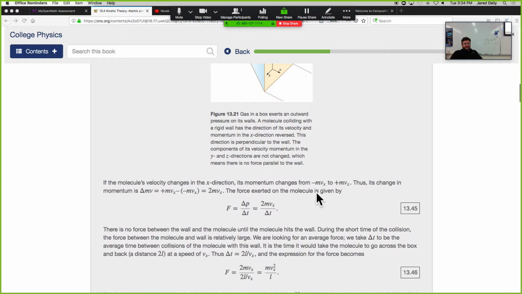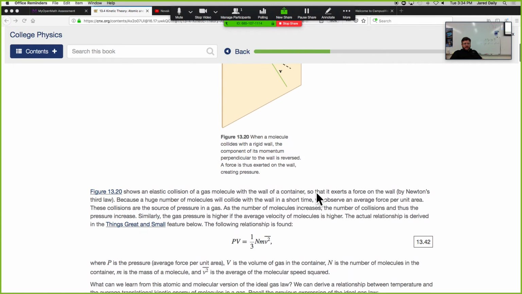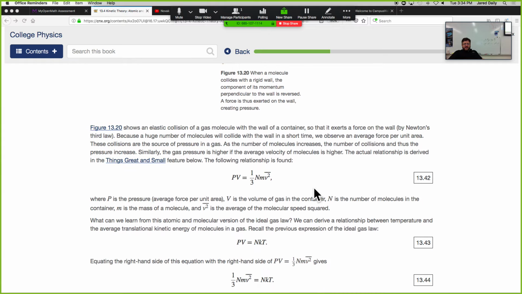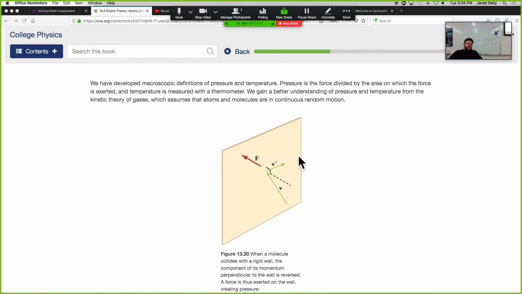Somewhere in here they do the math, but I can't see where. We can calculate the change in momentum because we know the velocity coming in and the velocity coming out. The change in momentum is going to be velocity final minus velocity initial, times the mass.